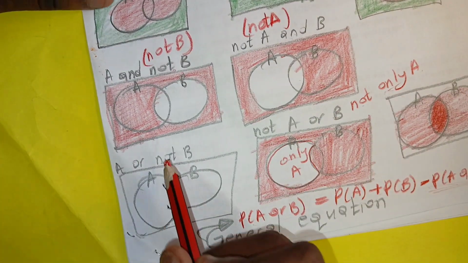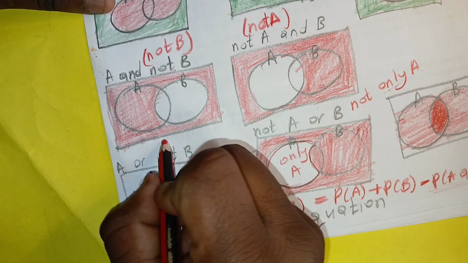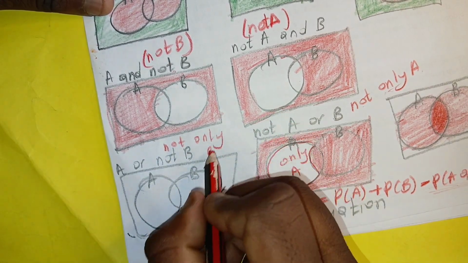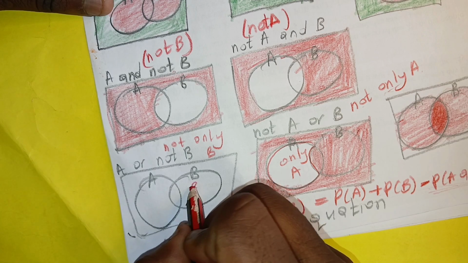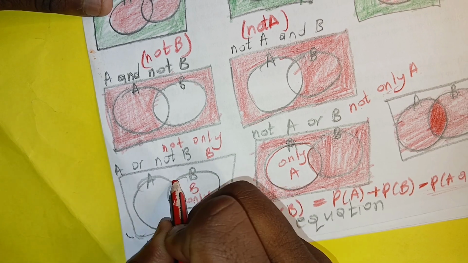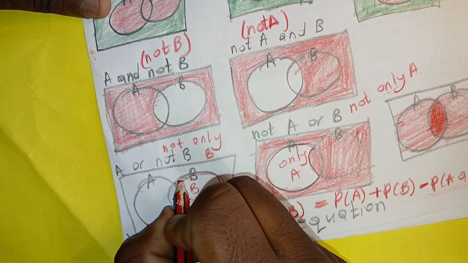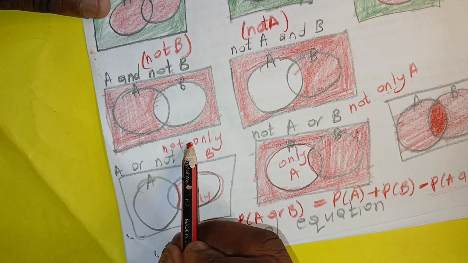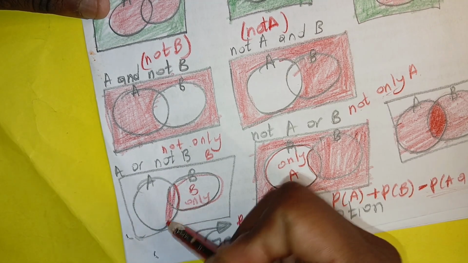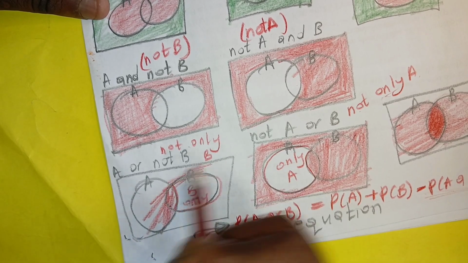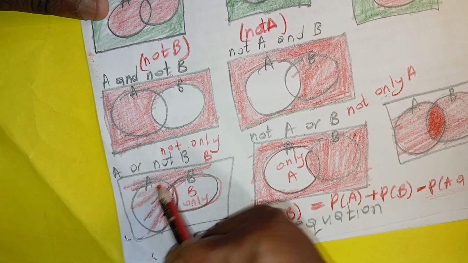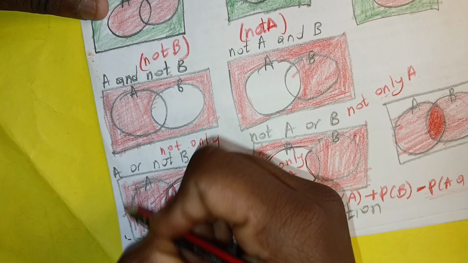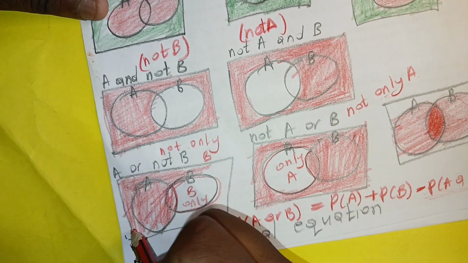Then from here again, now you can see this one, it will be not only B. Only B is this one. B only is this, all this part. Now the moment it's not only B, it means we include the intersection. We don't include only B. We include everything there.